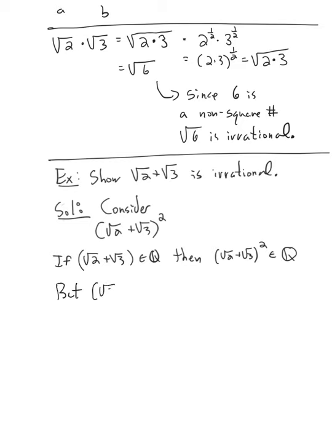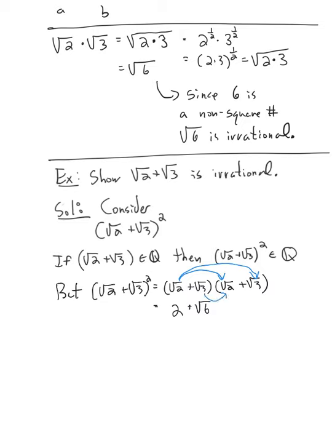But square root 2 plus square root 3 squared, well, that's the same as square root 2 plus square root 3 times square root 2 plus square root 3. Let's do FOIL. So we'll distribute. Square root 2 times square root 2 is 2. Square root 2 times square root 3 is just square root 6.